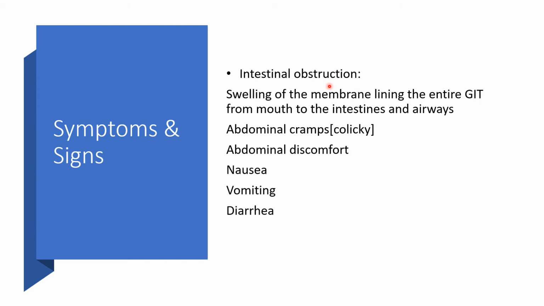Intestine could be involved with intestinal obstruction. Swelling of the membrane lining the entire gastrointestinal tract is possible from mouth to the intestine and even the lining of the airways. So when the abdomen is involved, there will be cramps, abdominal discomfort, nausea, vomiting, and there may be diarrhea as well.